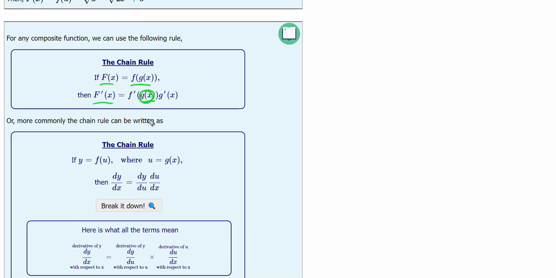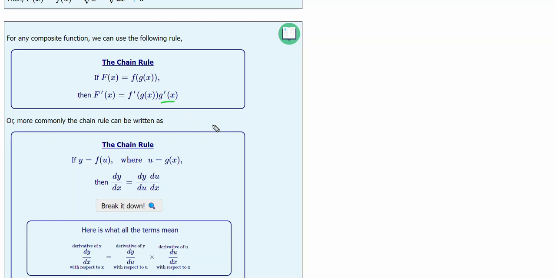Let's show some examples of how that would actually look. And then times the derivative of the inside function, just the derivative on its own, right? So that is the chain rule, and I'll show you how that can work in practice.